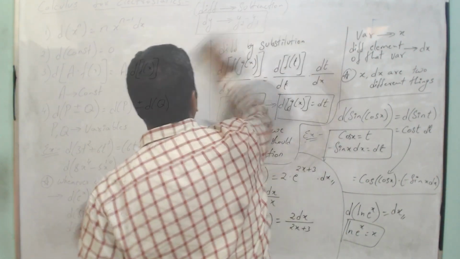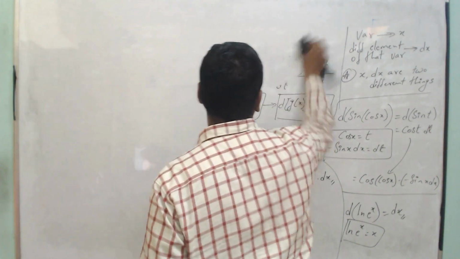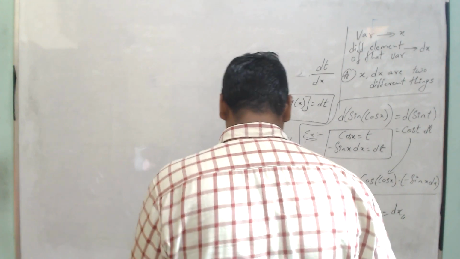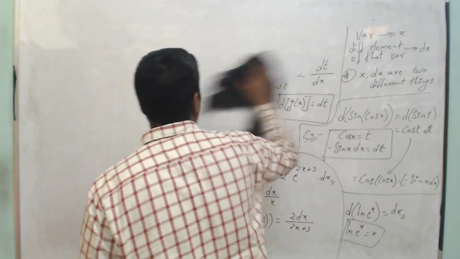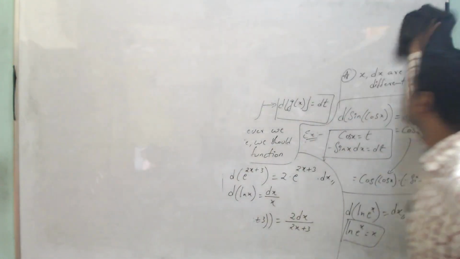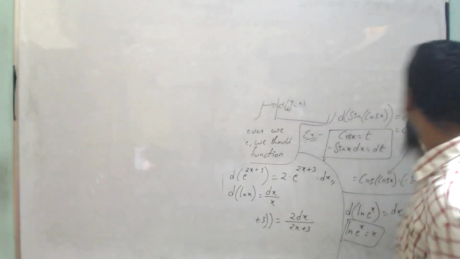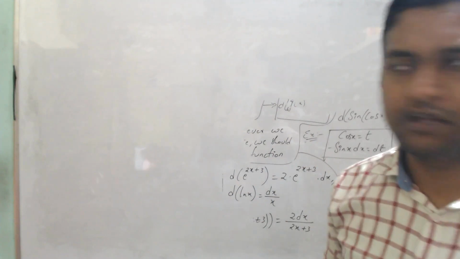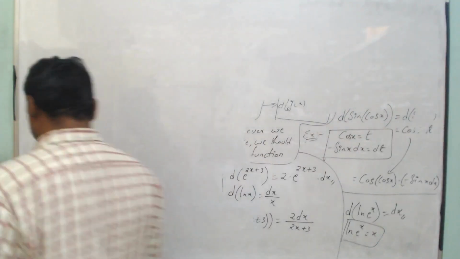So in differentiation, apart from this, we have our UV product and division also. I'll just write it over here. I don't want to solve anything on product or division.